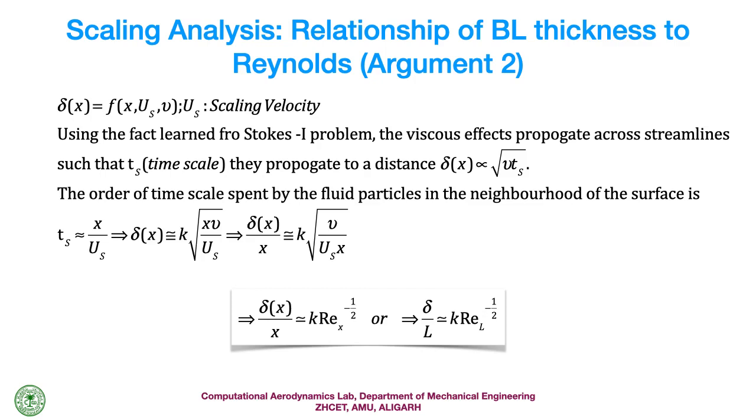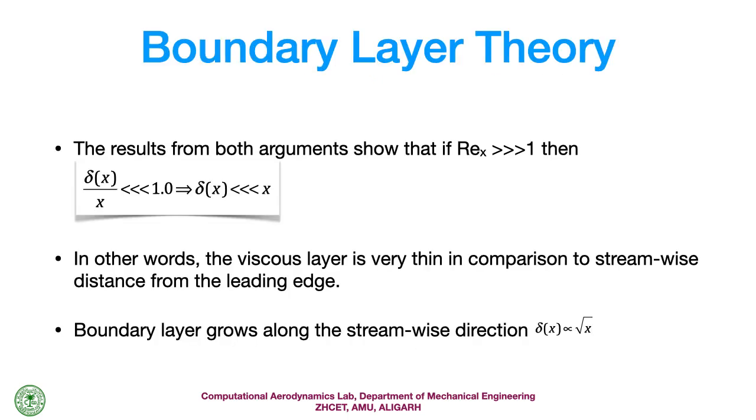Now, what do I get from here? The more important concept is that Rex is the local Reynolds number, where x is the point at which the Reynolds number is calculated in the streamwise direction. If Rex is much greater than 1, that means the velocity is sufficiently high.